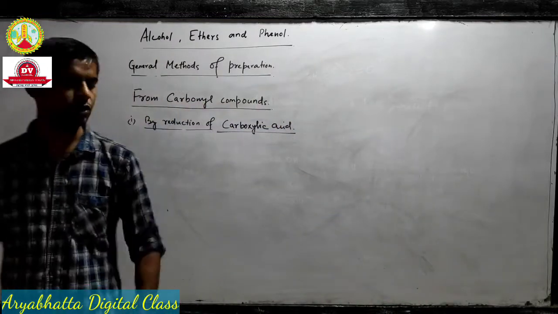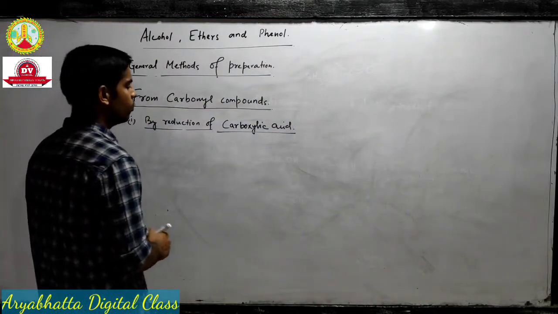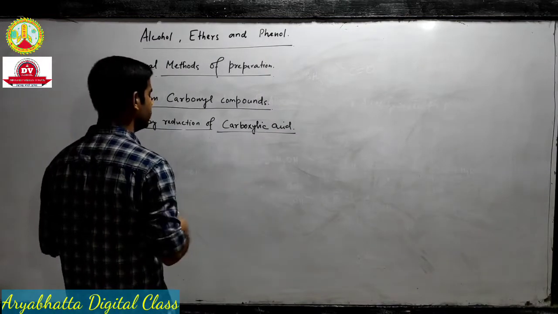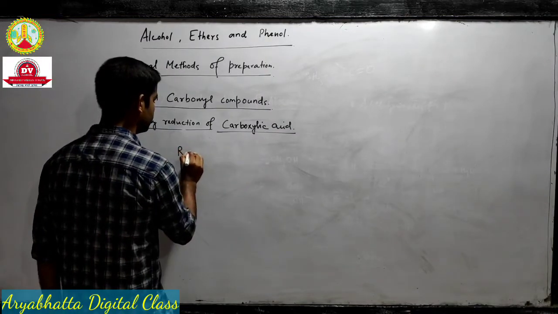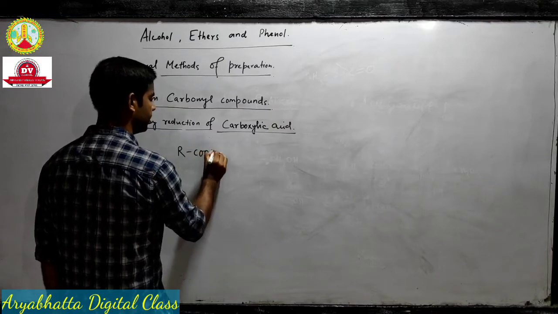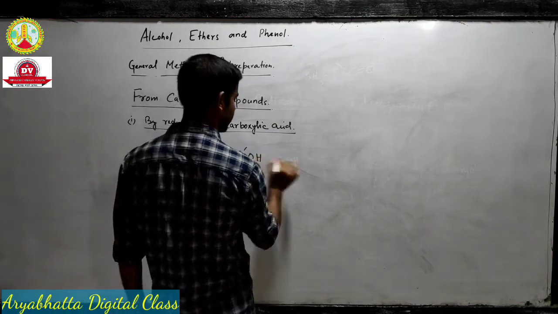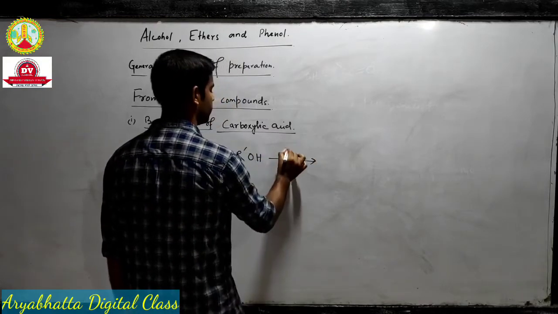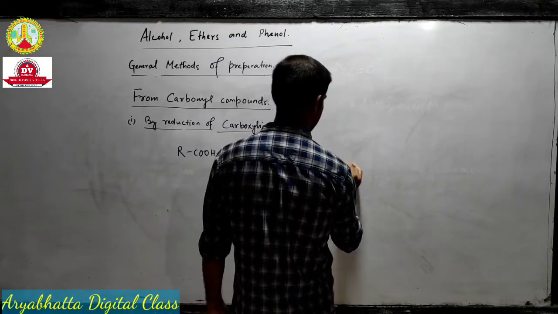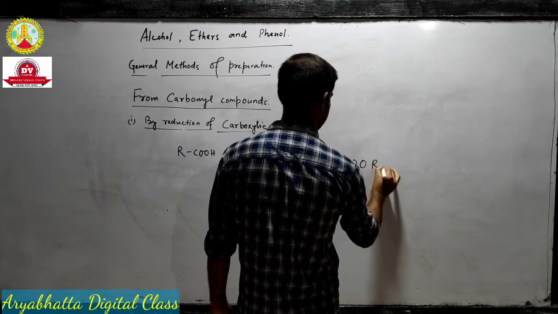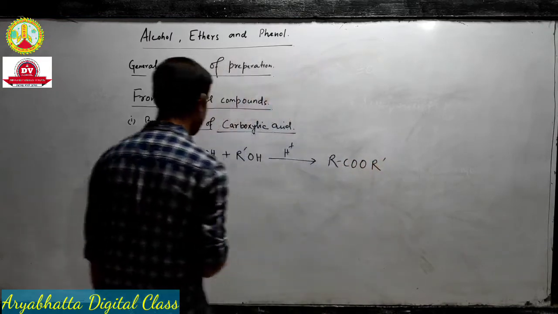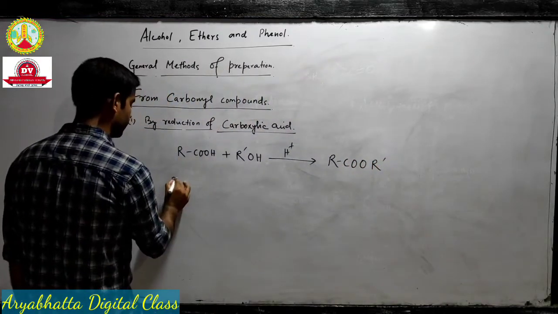In order to do that, we first convert carboxylic acid to an ester, using an esterification reaction in presence of acid, and we will get this ester.